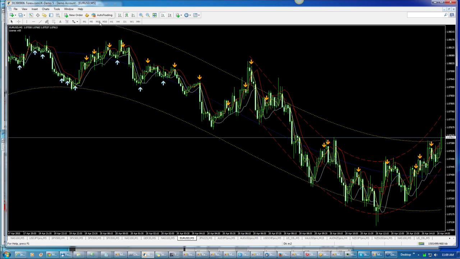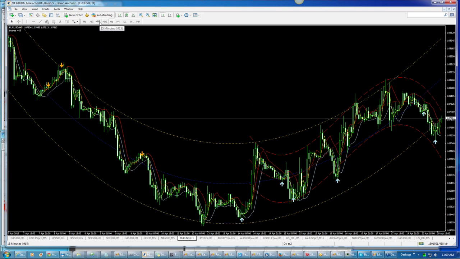Let's look at the euro quick. Interesting spot for the euro.